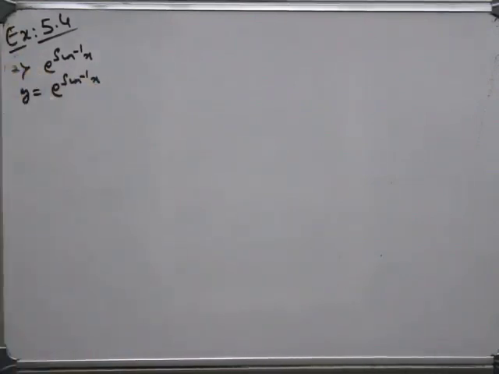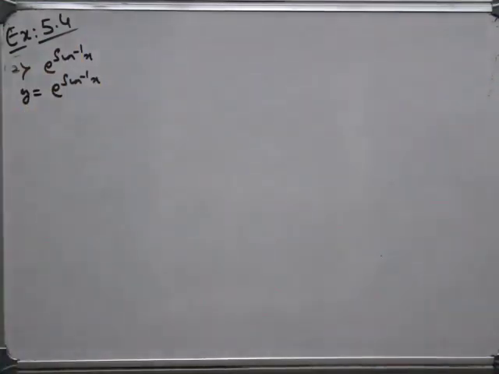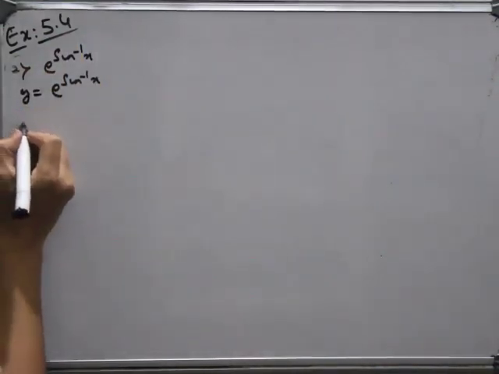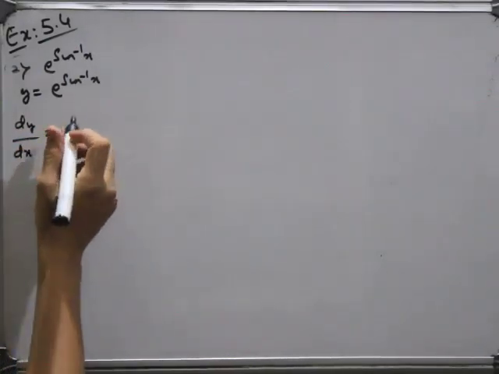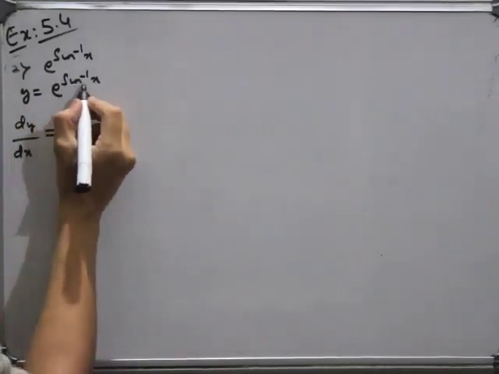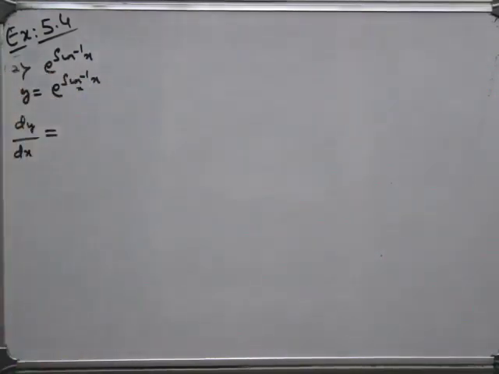Now this is purely based on chain rule, and you already know how to differentiate functions using chain rule. Because this is a composite function, you have to differentiate this using chain rule. Now let us write dy by dx. dy by dx is equal to, see, consider this entire sin inverse x as x. So we know differentiation of e to the power of x is e to the power of x.